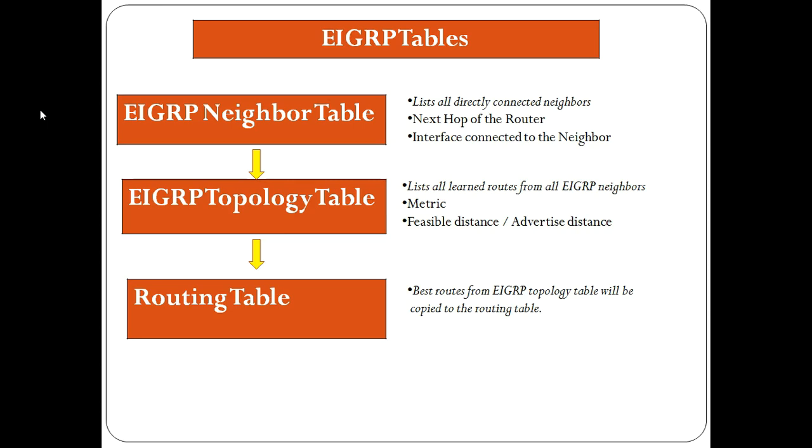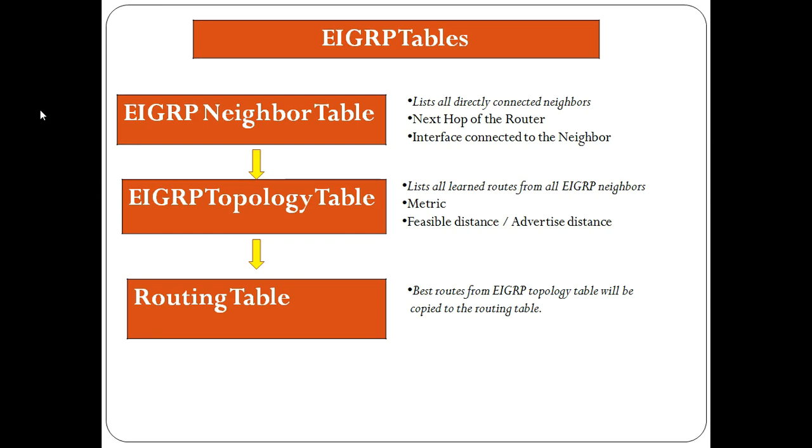Essentially, it sends hello packets, and there is certain information in the hello packets: the AS number, the network to be transmitted, K values, and authentication. These have to match, and once done, they form a neighborship. The neighbor table carries the neighbor IP, the local interface, and the uptime.